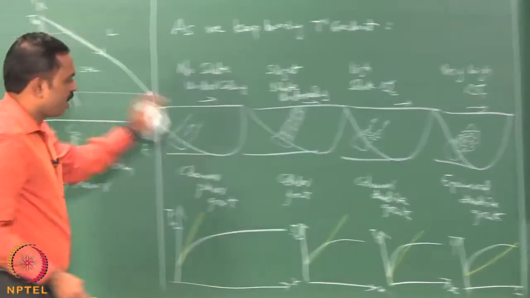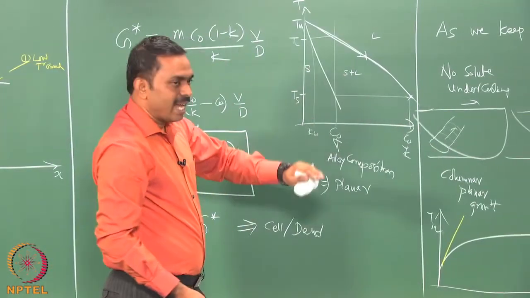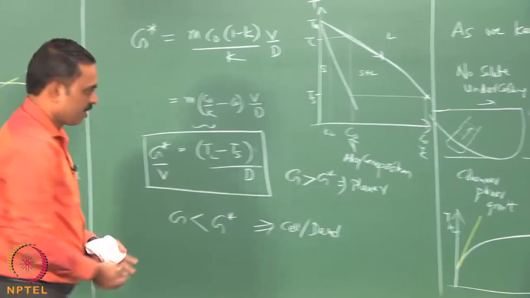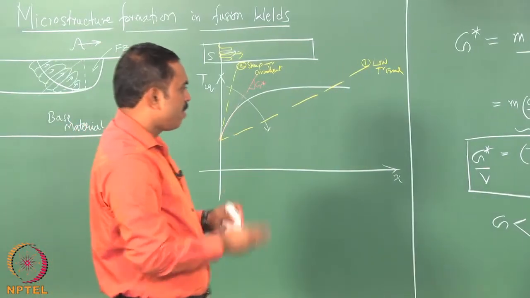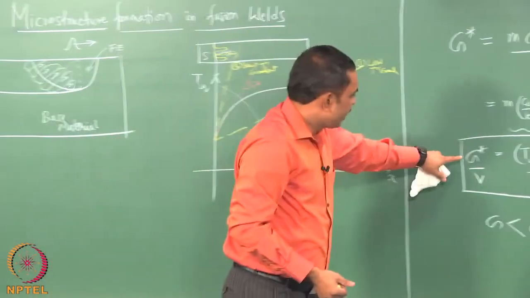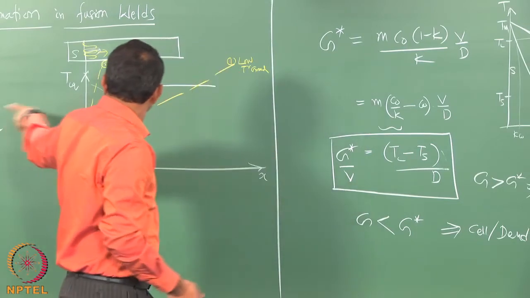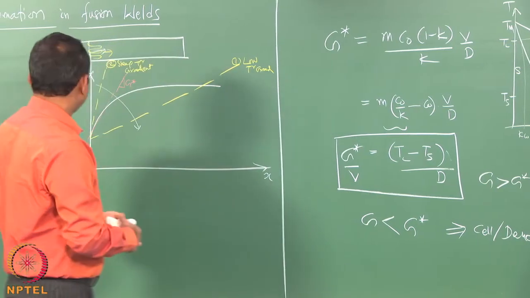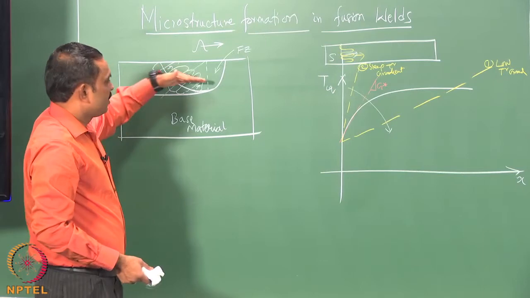So, this is how, as you keep changing the temperature gradient from very steep to very shallow, the microstructure evolution will be happening, and this kind of evolution can be seen as a map of the gradient and the velocity. And remember, this velocity is the velocity of the front, and it is related to the torch velocity by cos theta, where theta is the orientation between the normal to this interface and the horizontal.